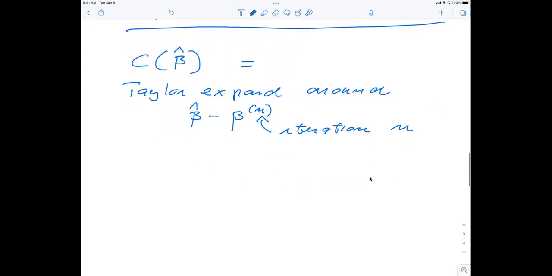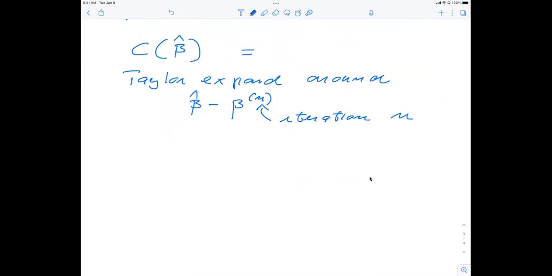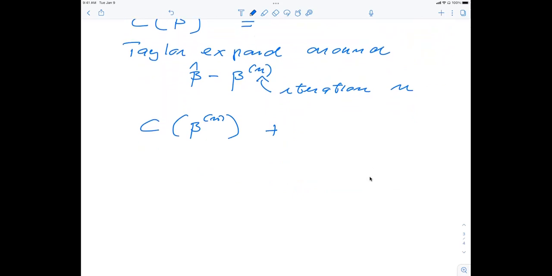So if you Taylor expand, what you would get then is obviously a C of beta of n. So we assume now that we know this specific value. Then we need the gradient of the cost function. And what we defined last time, so let me just bring that up, we have the definitions.